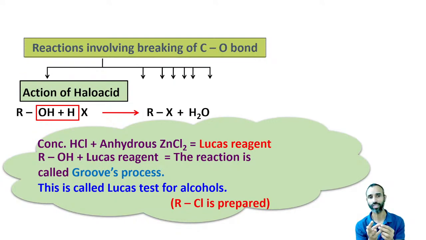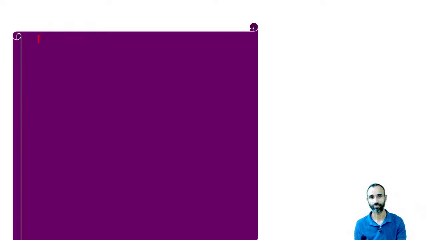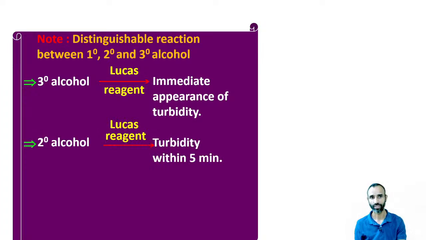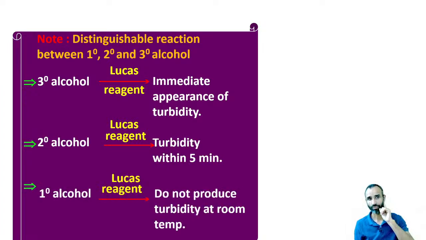And in this Lucas test for alcohols, alkyl halides are partially soluble in water, and therefore there is turbidity. So tertiary alcohol gives turbidity immediately, secondary alcohol within 5 minutes, and primary alcohol does not produce turbidity at room temperature.